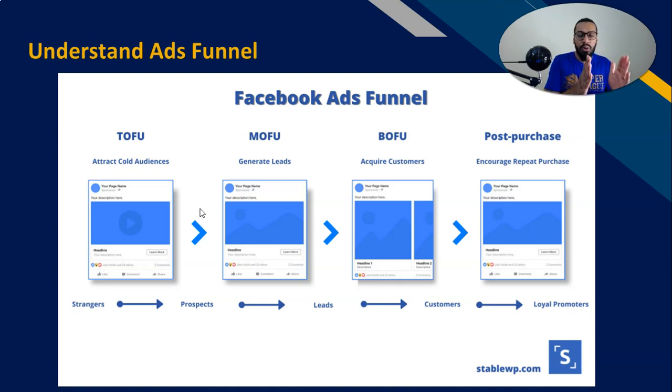For attracting the cold audience, I am going to run one campaign. For generating leads from the attracted cold audience, I will run another campaign. For the audience who have been acquired as leads, I will run another campaign.